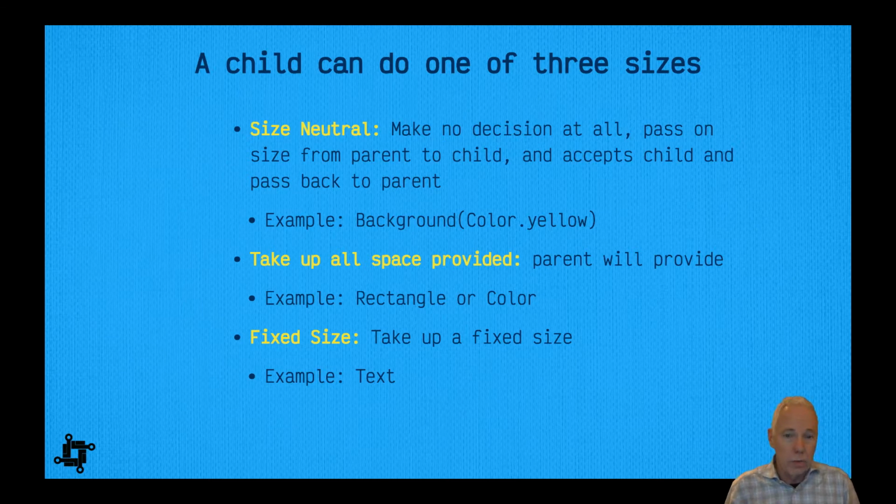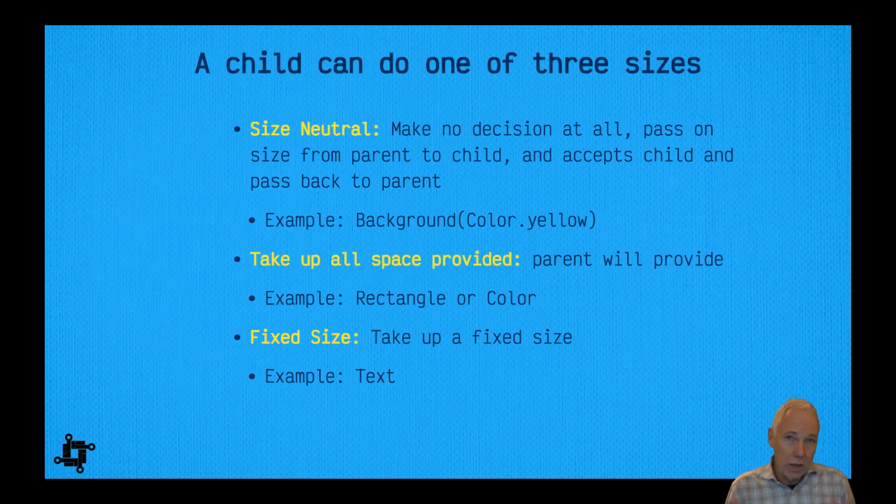Now, the other 2 are a little more interesting. One is a child view may want to take up its entire space that it's given by the parent. So if the parent says, hey, you have this huge size or you have a size that you can use, the child might say, great, I will always take whatever you give me. I am going to use up that space.